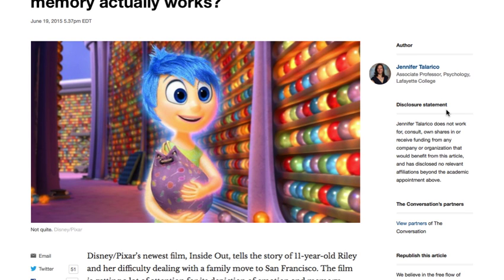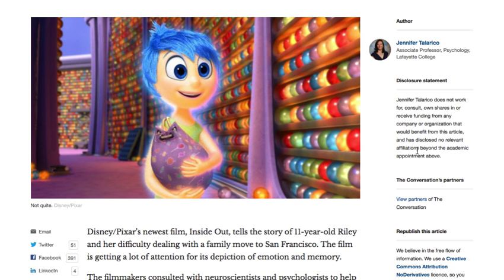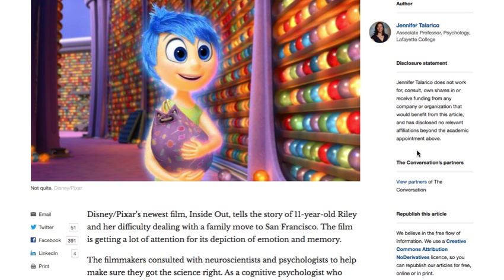and a disclosure statement. Disclosure statements, you can get some context from here. It says here that Tallarico does not work for, consult, or own shares in any, or receive any funding from any company or organization that would benefit from this article, and has disclosed no relevant affiliations beyond the academic appointment above.